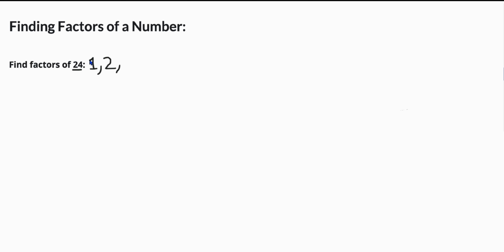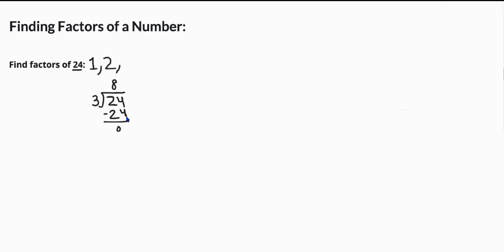So 24 will obviously be one, and 12 will be one. Now to find the rest, let's see. Let's see if we can divide 24 by 3. 3 can go into 24 8 times, right? Yep, 8. So 8 and 24.